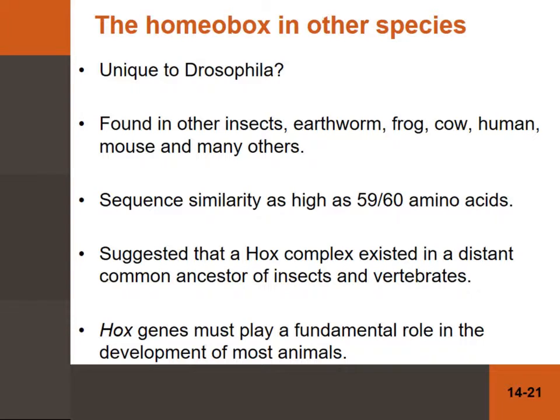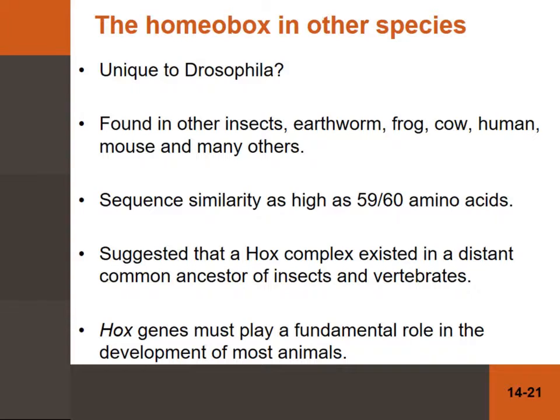They also found lots of these Hox genes in plants. There's actually about 100 in plants, quite a lot of them, and they're called MADS box proteins.